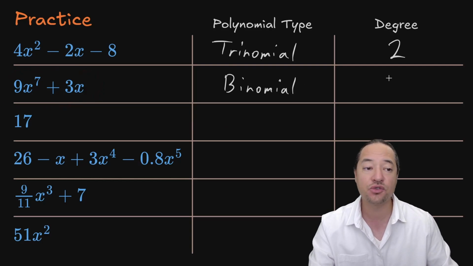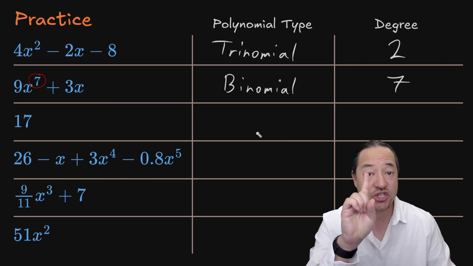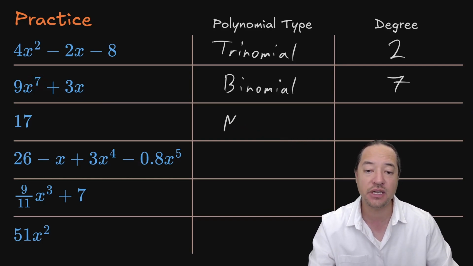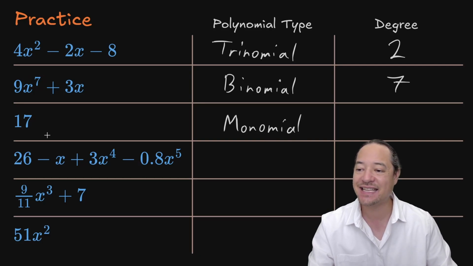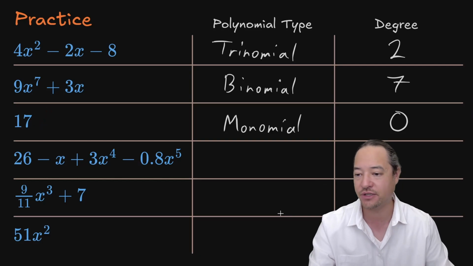And it will be of degree 7. Okay, that's the highest power that we have here. Next, the number 17. Well, that's just 1 term, so this is going to be a monomial. And since the highest power here is, well, this is essentially x to the 0, right? So this is going to be of degree 0 or a constant polynomial.